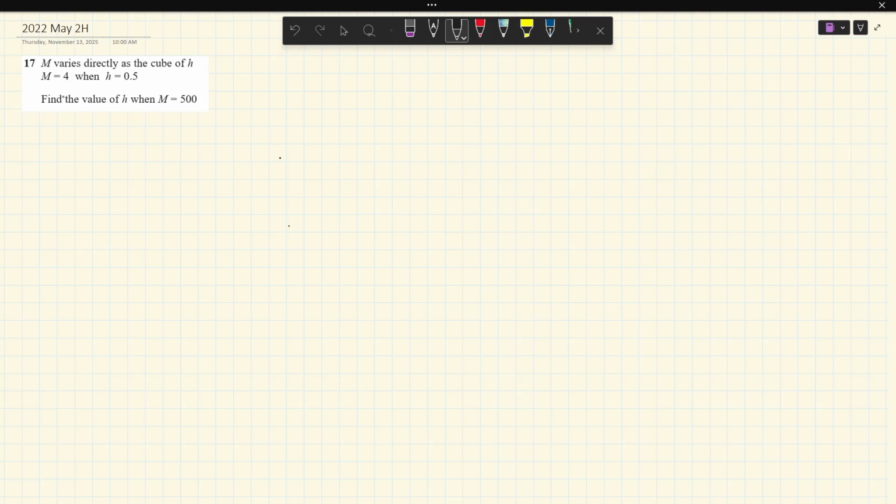Question 4, that is m varies directly as the cube of h. M equals 4 when h equals 0.5. Find the value of h when m equals 500. So m varies directly, that means m equals k times h to the power 3.